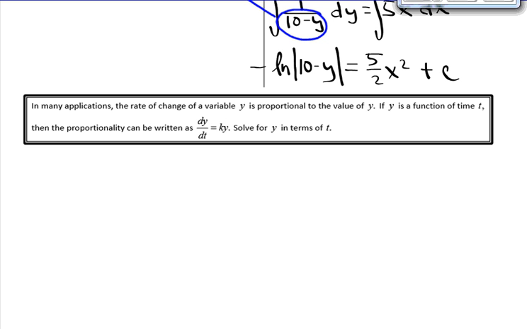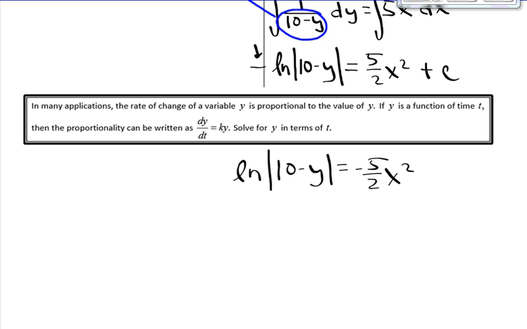So what I want to do now is go back to that example 2 and now solve for y. And since we know that we have this natural log thing, we know that we're going to have that exponential model. The first thing I would do is multiply both sides by that negative to clear that out. So the natural log of the absolute value of 10 minus y equals negative 5 halves x squared. Again, I'm multiplying by a negative, which is still going to be plus some constant.